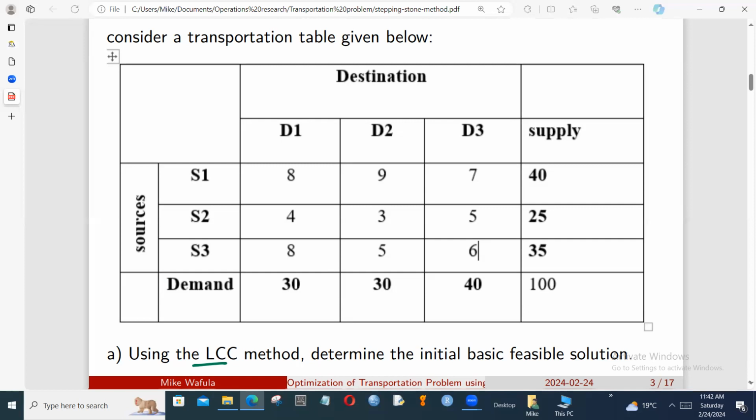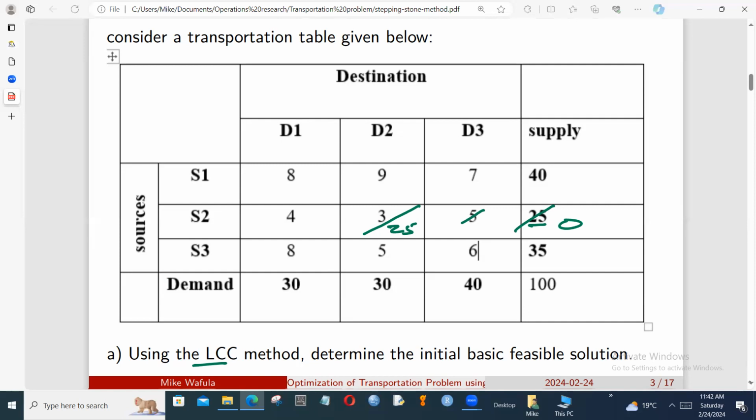So the least cost cell method, as you recall, we identify first of all the cell with the least cost of transporting a single unit from a source to a destination. So in this case, this is going to be the cell. And so we assign that first. Considering the row total and column total, this is going to receive 25.